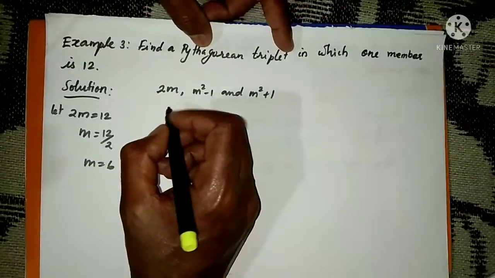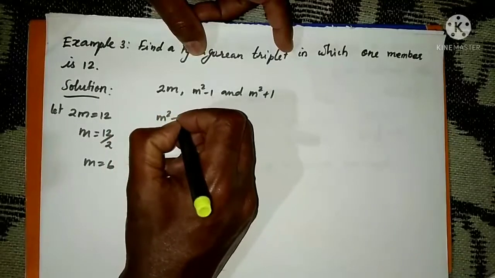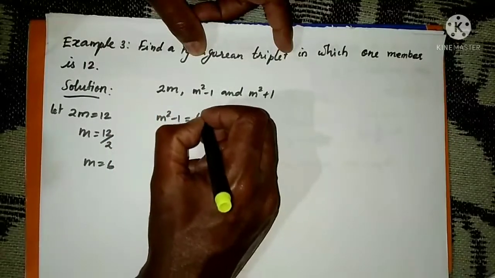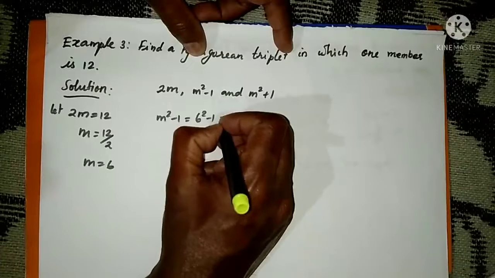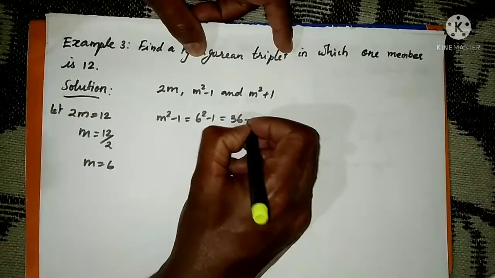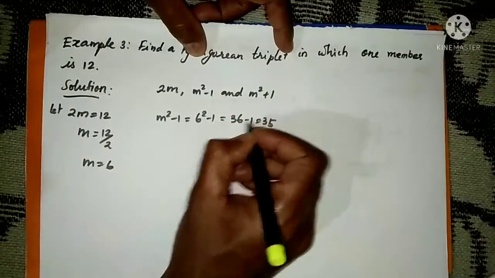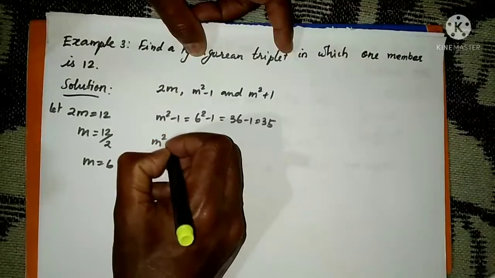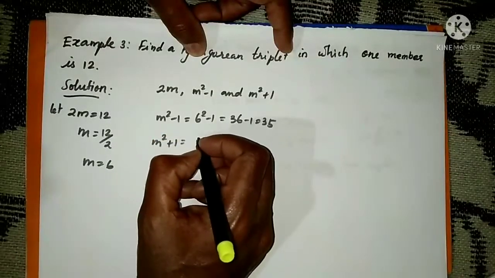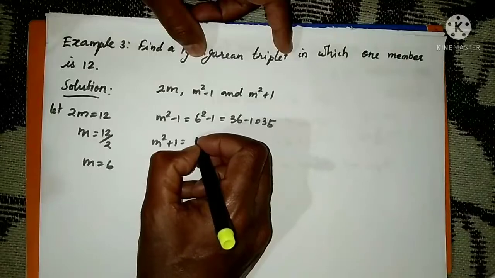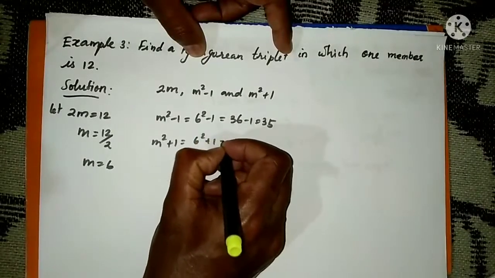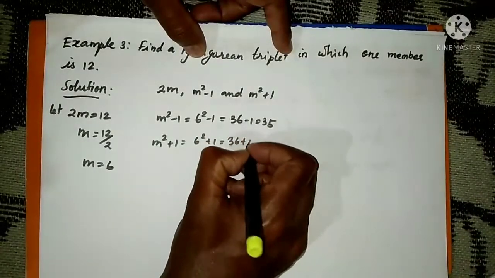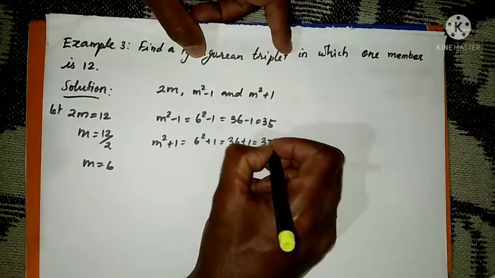So the other two members we should find. So m square minus 1, which is nothing but 6 square minus 1, which is equal to 36 minus 1 is equal to 35. So m square plus 1 is equal to 6 square plus 1 is equal to 36 plus 1 is equal to 37.